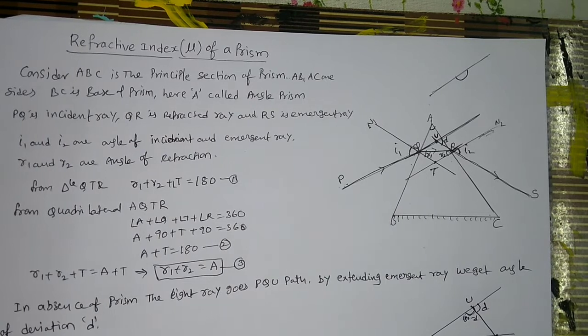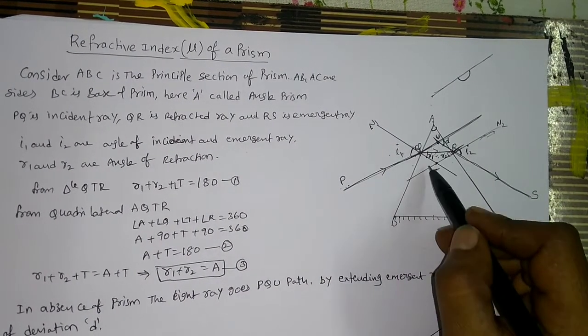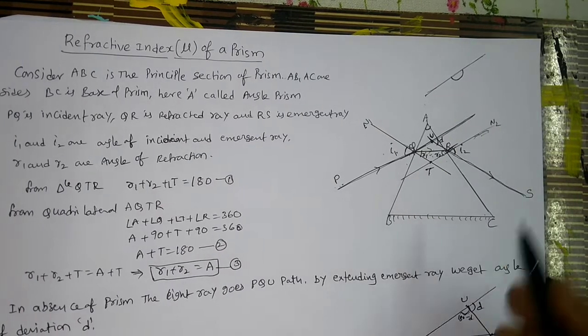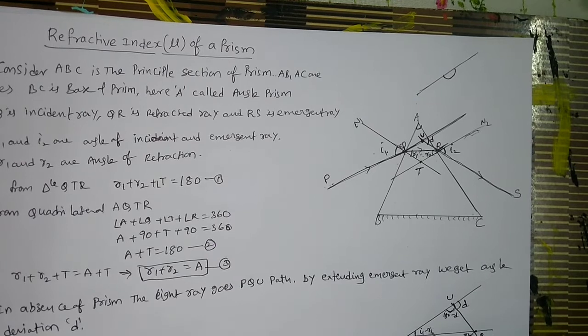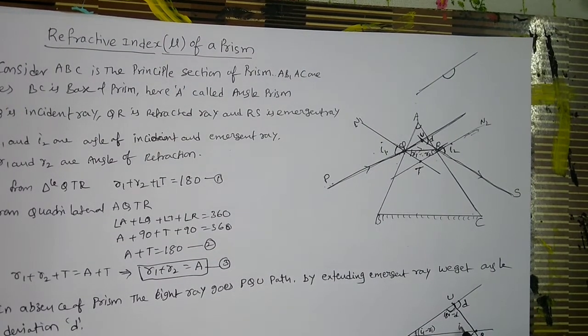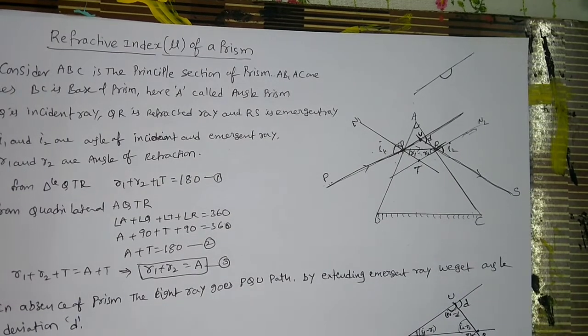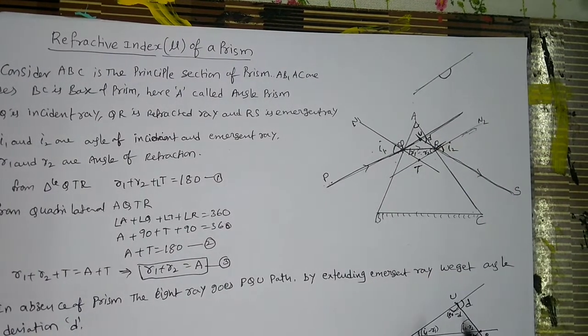Now, what about this one? As we know, these two angles are the same. This is I1, this is also I1. Now R1 will be gone. Then what you will get here is I1 minus R1. This is one angle. Here, what about this one? I2 minus R2. This is the other angle. Why? Because this angle will be looking like this. Again, better to write here.